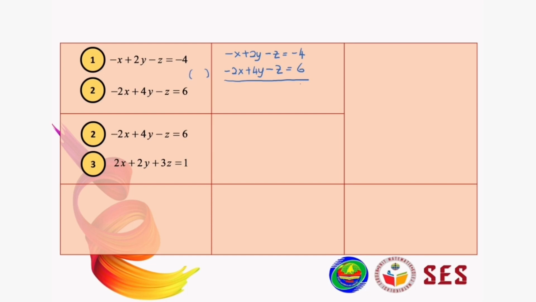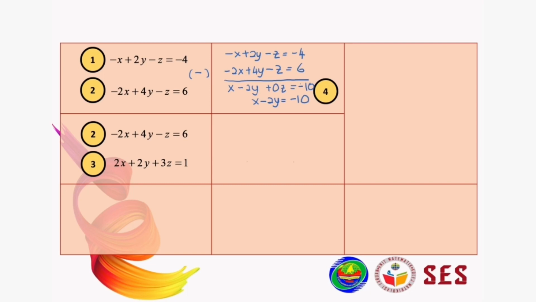So in this case, we will use minus because negative z minus with negative z will give us 0z. Next, negative x minus with negative 2x will give us x, and 2y minus 4y will give us negative 2y, and negative 4 minus 6 will end up as negative 10. Therefore, we have x minus 2y equals to negative 10 as our equation number 4.